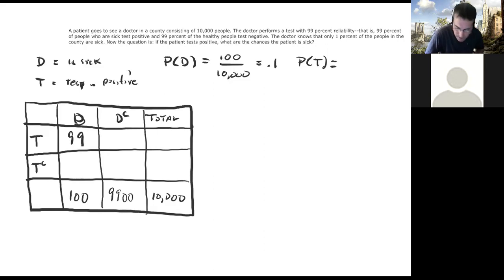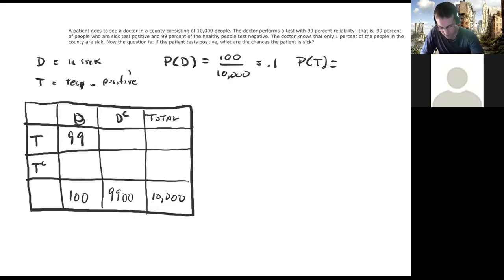Likewise, we also know that 99% of the healthy people, that's not sick, will test negative. Now, what is 99% of the healthy people? Well, there are 9,900 of them, so you have to figure out what 99% of 9,900 is.